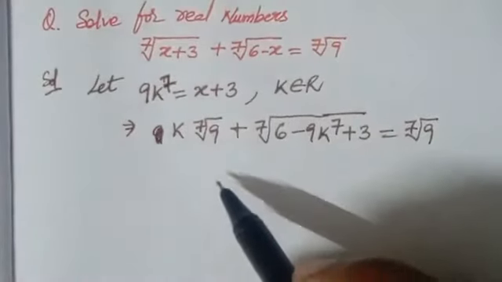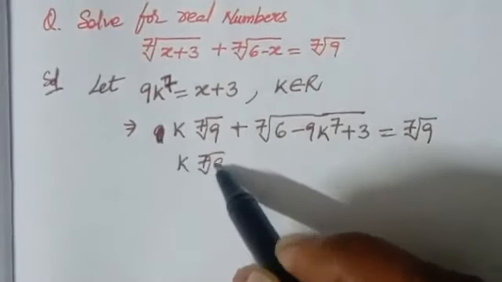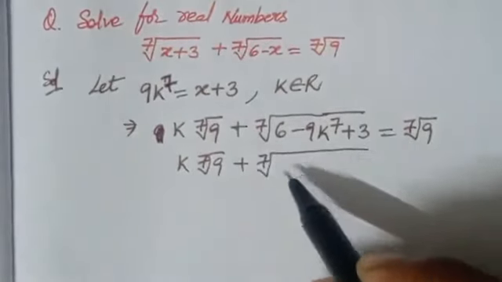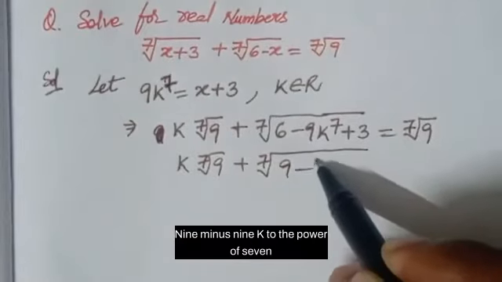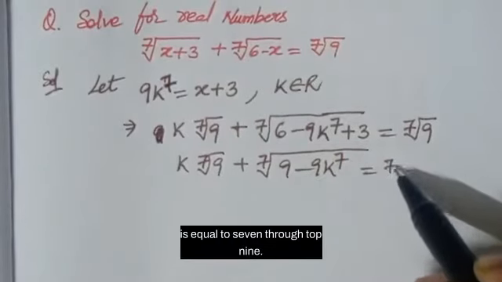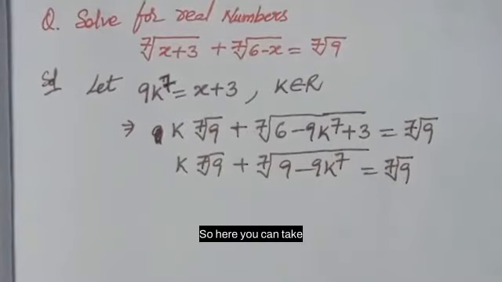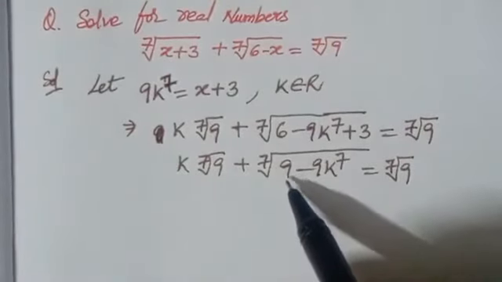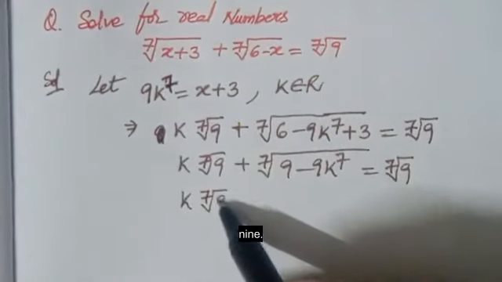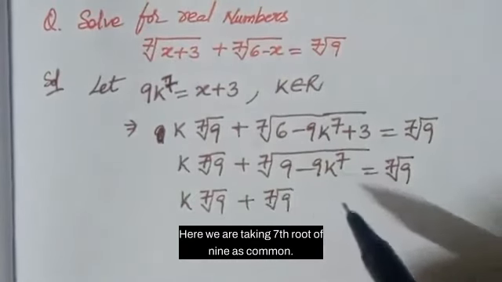So now here we can take common k times the seventh root of 9, plus the seventh root of 9 minus 9k to the power of 7, is equal to the seventh root of 9. Here we are taking the seventh root of 9 as common.